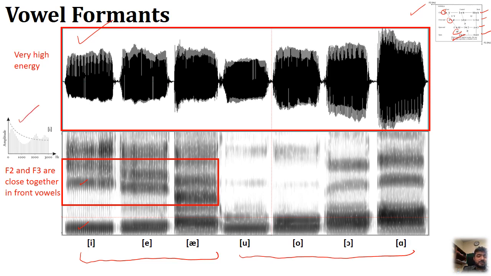And if you look at the spectral slice, this is what it looks like. Because of the high values of F2 and F3, they are close together. So this whole part of the spectrum is basically pulled up because of the combined energy. And you can see that here, this whole region is dark. So that's the reason for it. You can even find that this place is dark and this is also dark.